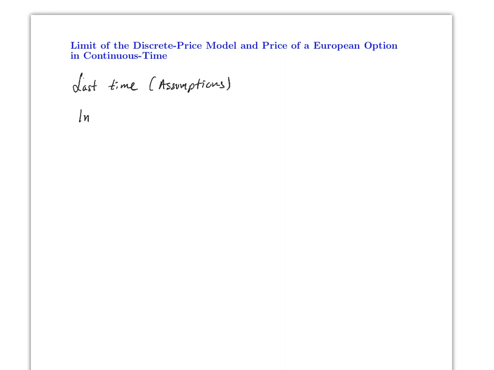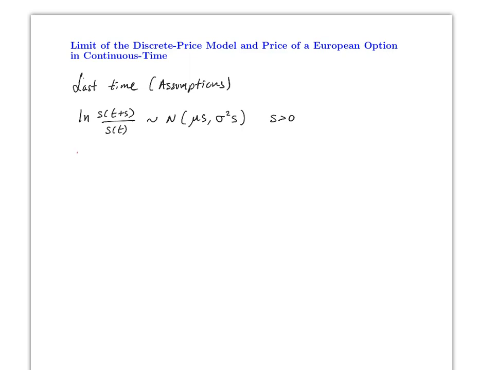The log returns, this may not be the best notation, but this is what we have. This was normally distributed with mean μs and variance σ²s, where s is a positive value.